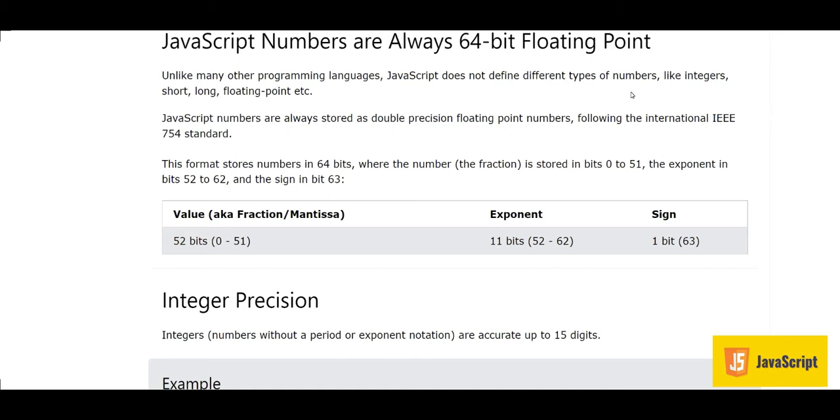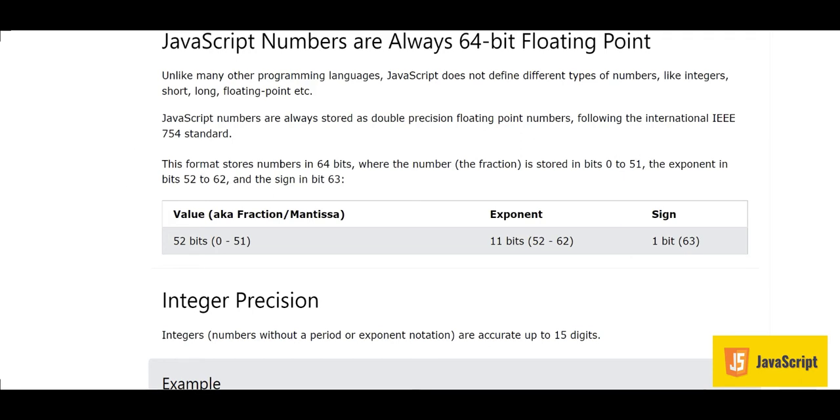In JavaScript we have only one type. JavaScript numbers are always stored as double precision floating point numbers following the IEEE 754 standard.